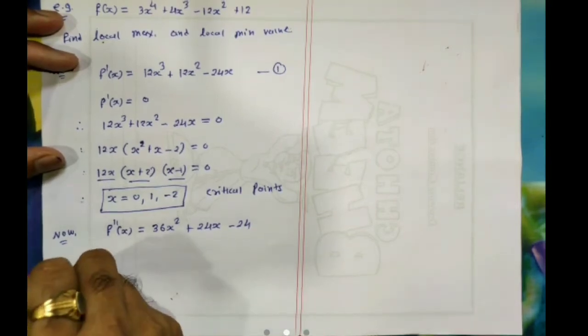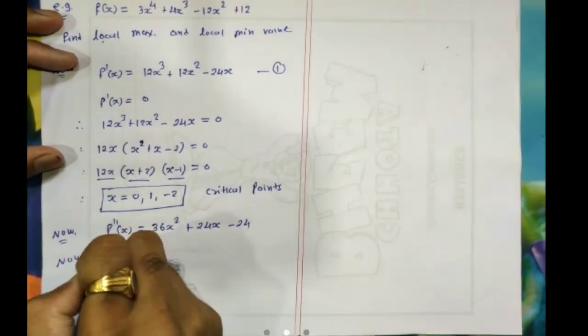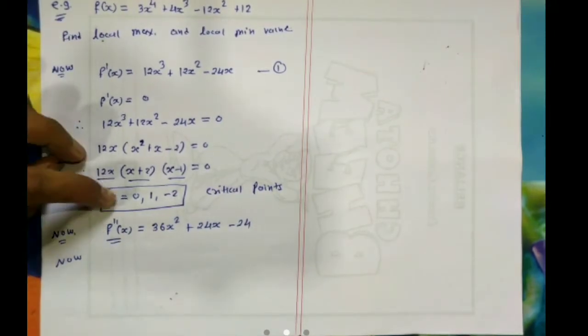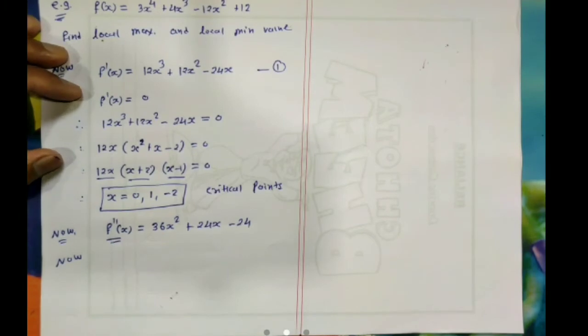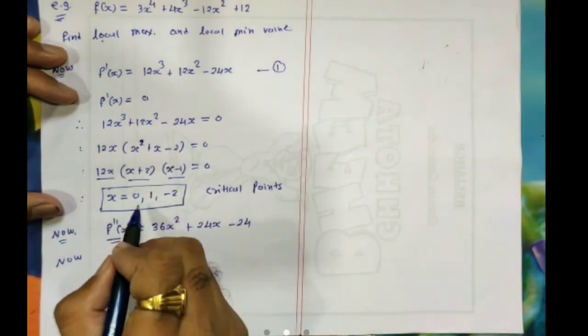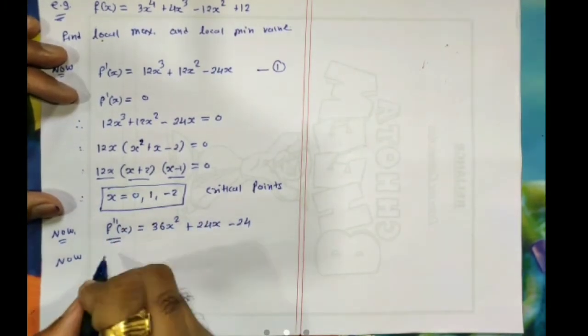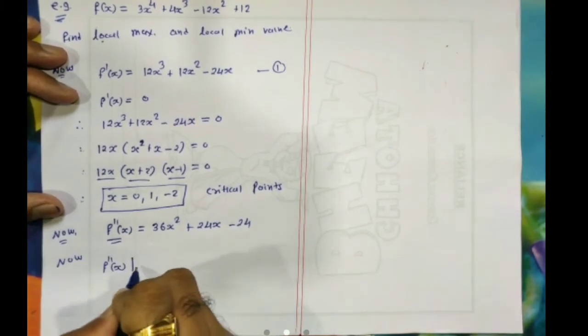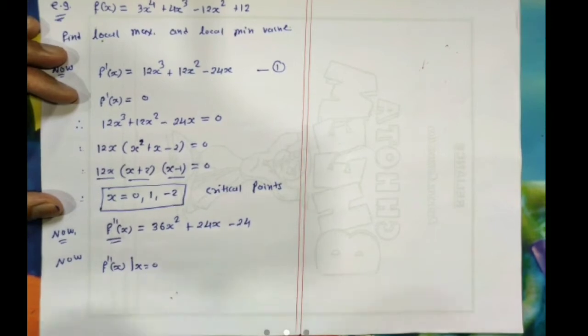Done. Now you have to find the values of the second order derivative for each critical point. The critical points are 0, 1 and minus 2. First we are finding the value of the second order derivative for x equal to 0.